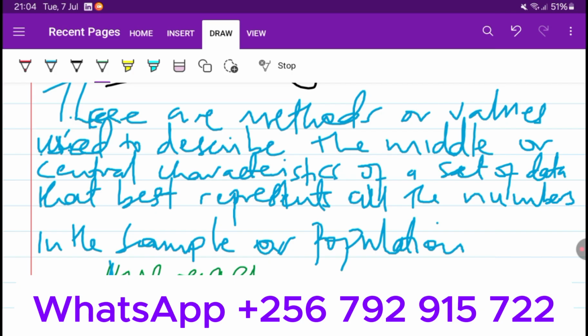And why are we saying so? Because we know that data tend to congregate around a certain value that is normally called the central point. For example, if you look at the number of students who are taking CPA, you can see that there's some kind of pattern in terms of what they do.